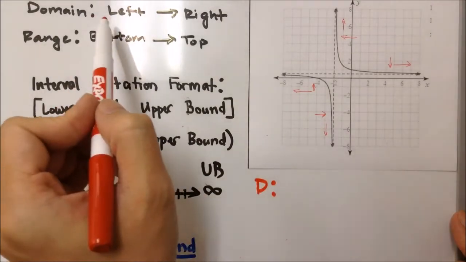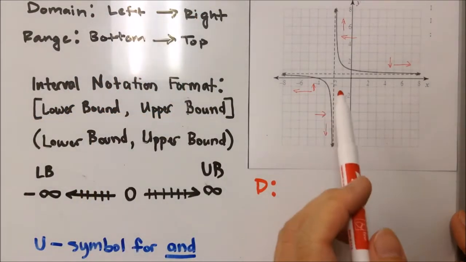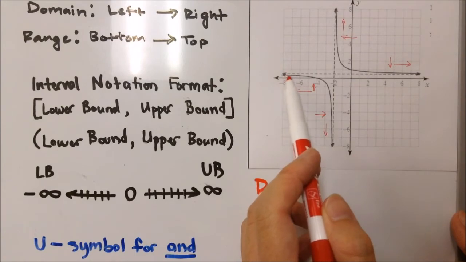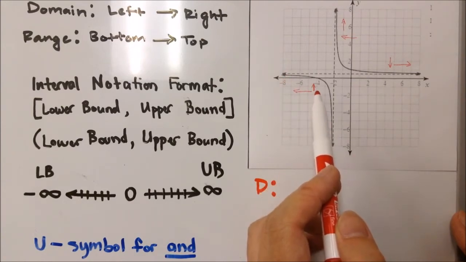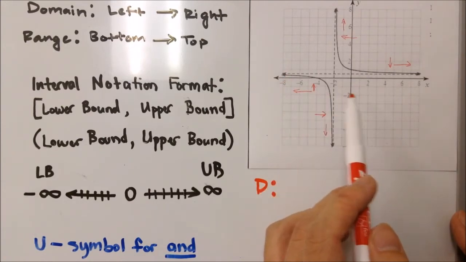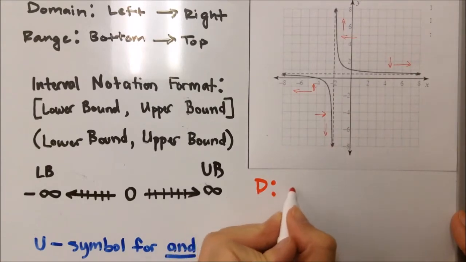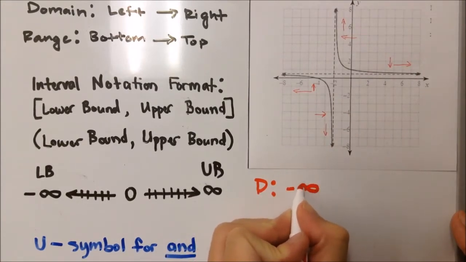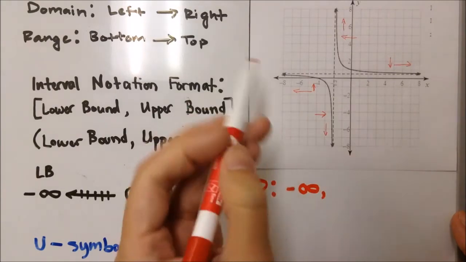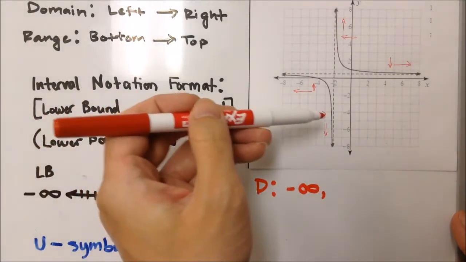So domain, we're going to start from left, moving towards the right. Since there's an arrow here, that means it's continuously going to the left. Continuously going to the left, that's negative infinity. Now here's the right arrow.